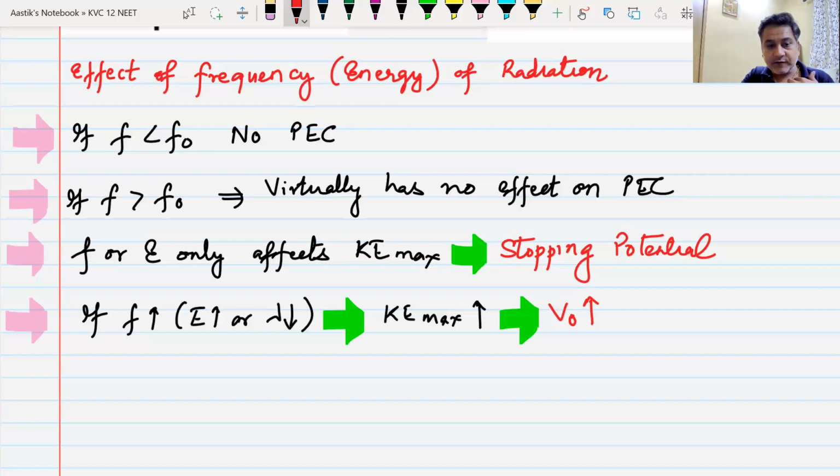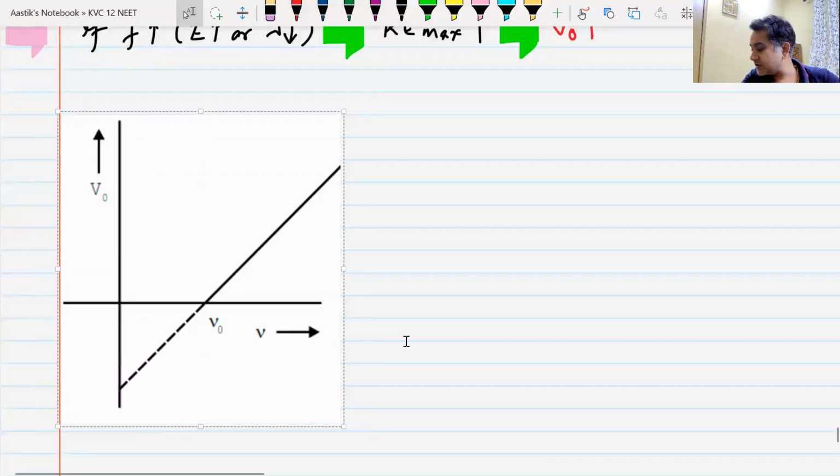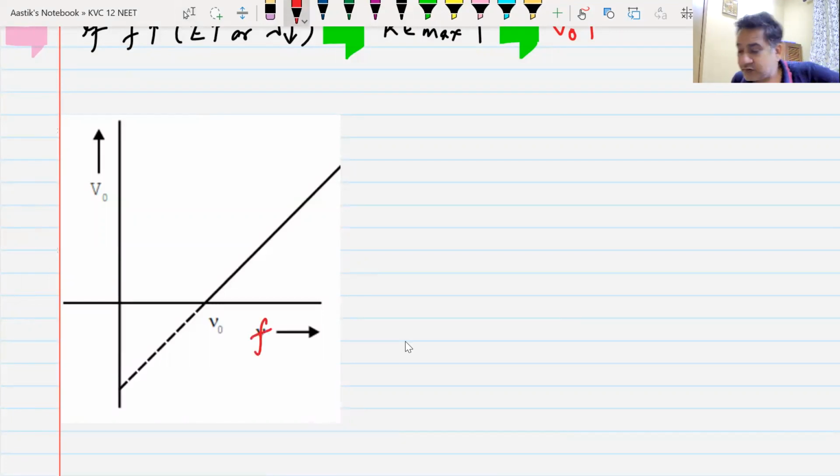You can draw a graph between stopping potential and your frequency, and the graph looks like this. The stopping potential increases. The slope of this graph, tan theta, is given by h by e, which probably we shall cover in the next class.